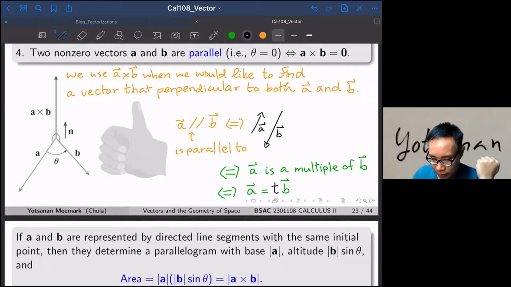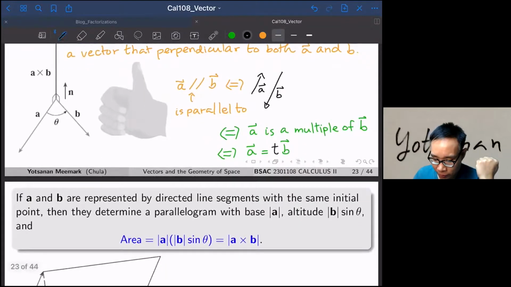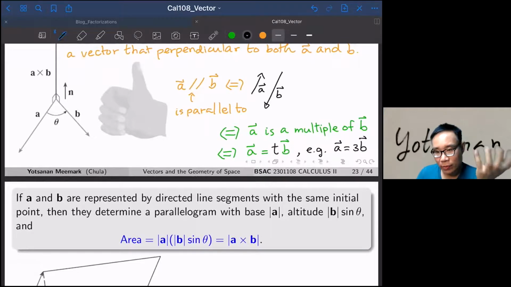So A is a constant multiple. For example, A equal to 3B, so it's going to be parallel, or A equal to negative 2B, so it means they are parallel in that way.